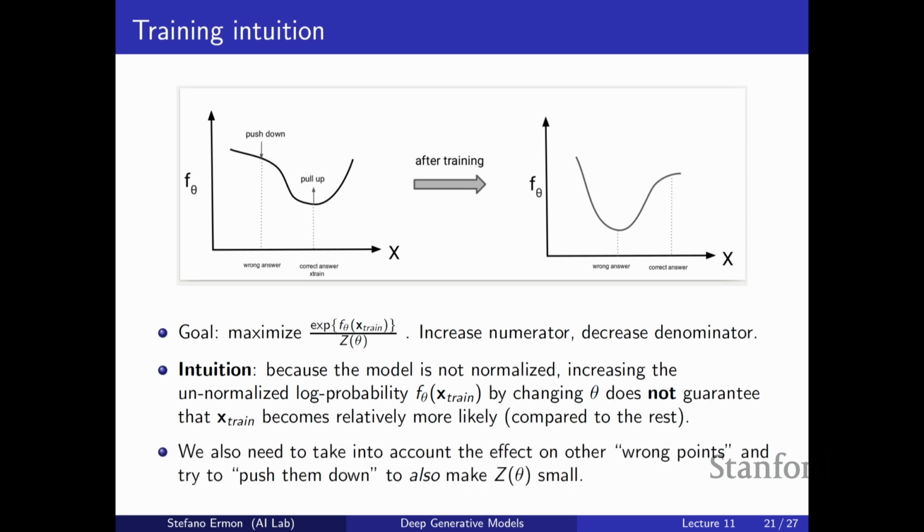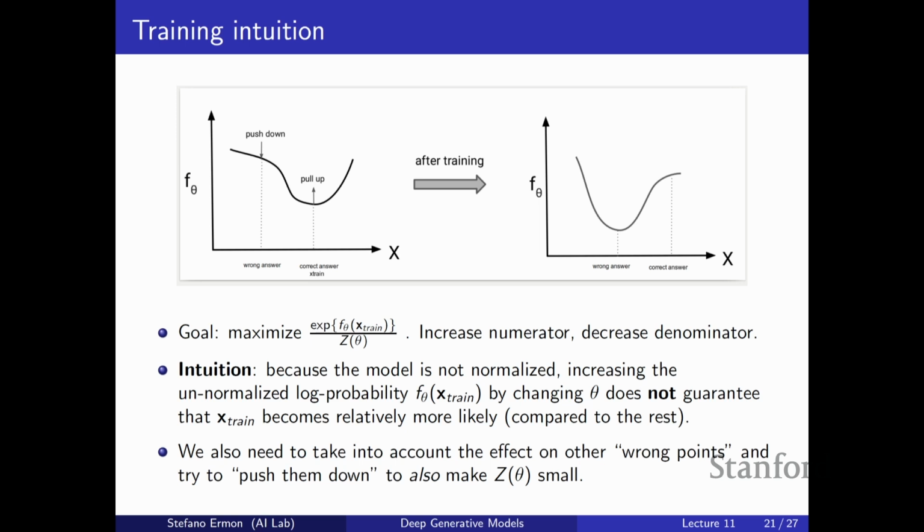And so essentially when you train, you cannot just optimize the numerator, because if you just increase the numerator, like increasing the size of the slice of the pie that you assign to the particular data point, you might be increasing the size of the total pie by even more. And so the relative probability does not even go up.